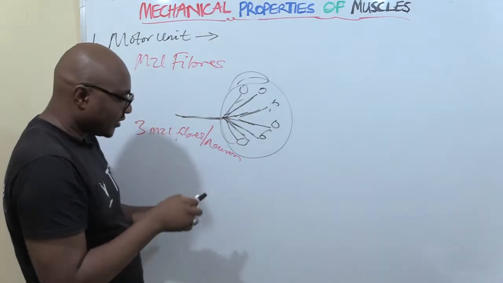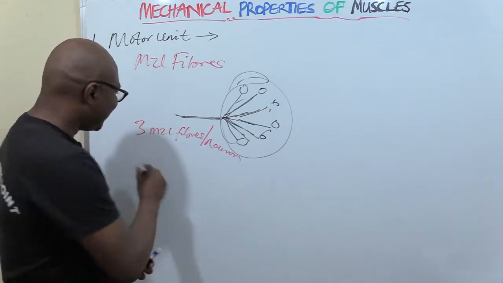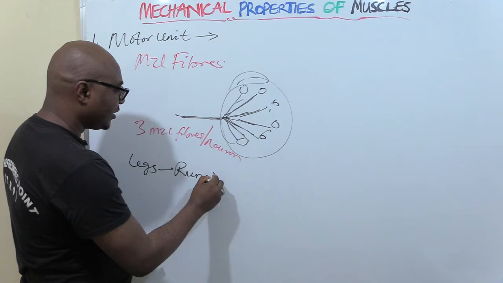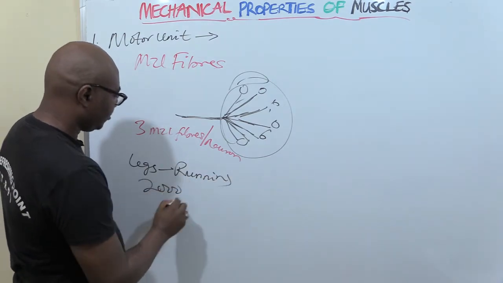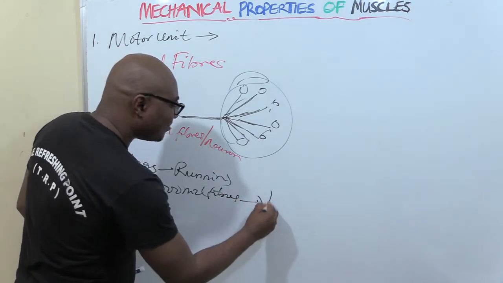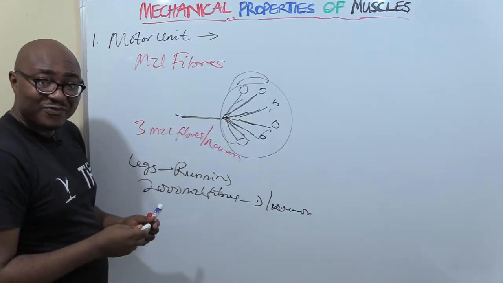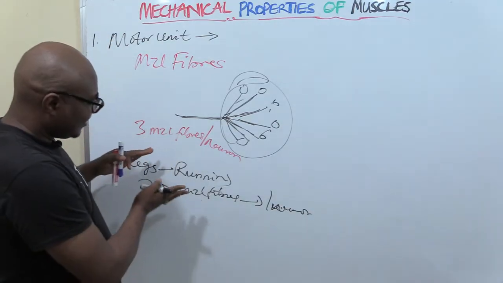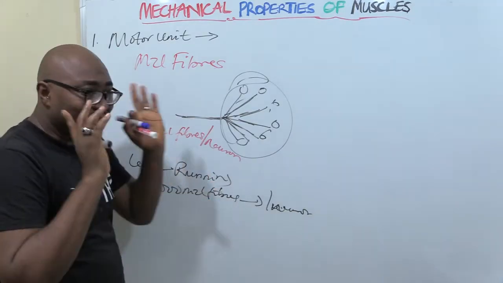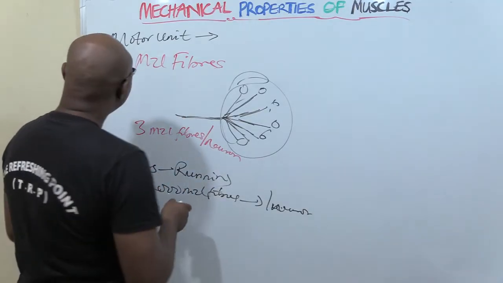One neuron is supplying just 3. But in the case of slow, larger muscles, like muscles of the legs that are used for running, you have up to 2,000 muscle fibers that make up one unit, supplied by one neuron. So you see the vast difference. The motor unit for different kinds of muscles is different. So you need to just understand that, a motor unit. Now let's go over to the next one.